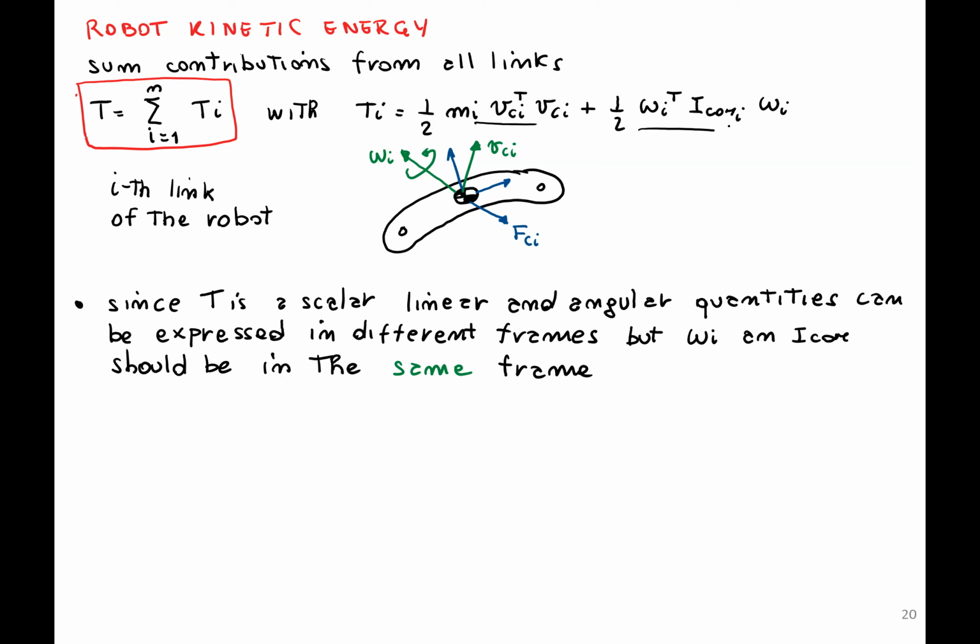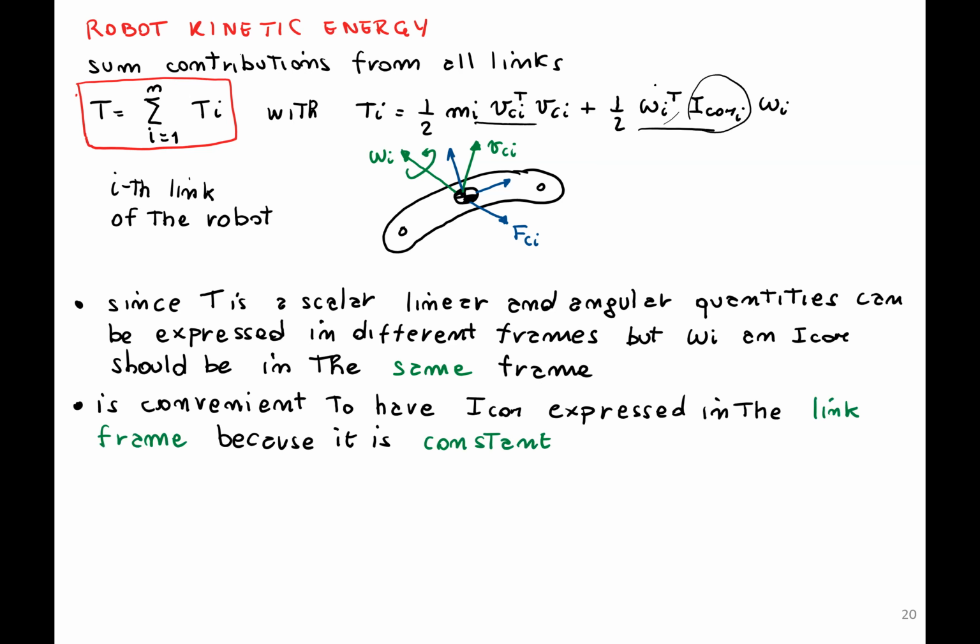Usually we define the velocity of the center of mass in the inertial base frame, but the tensor of inertia and the omega should be in the same frame, because we are doing a projection. It's convenient to have the tensor of inertia of the center of mass expressed in the link frame, because it becomes constant.